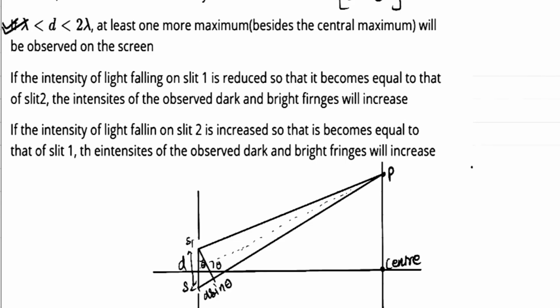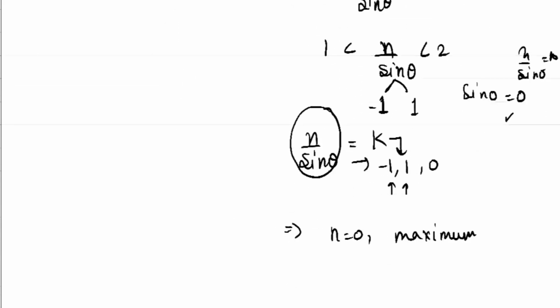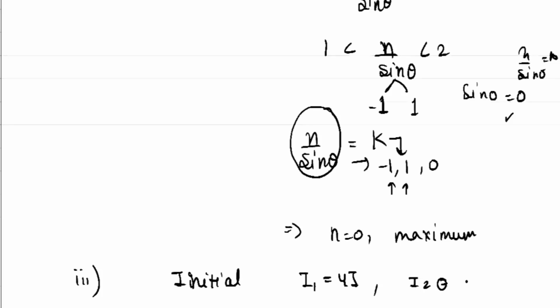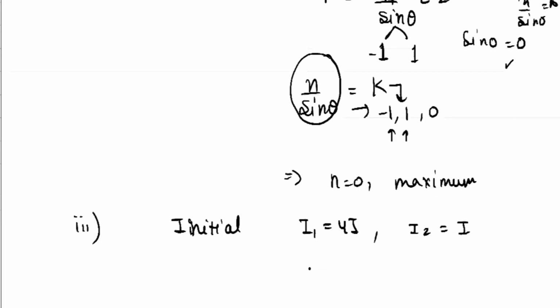So let us check the third statement. In the third statement it is given that the intensity becomes equal. So first of all we have to find the initial intensity. So the initial intensities are I1 equals 4 times I and I2 equals I. So if we find maximum intensity, I maximum equals under root of I1 plus under root of I2 whole square.